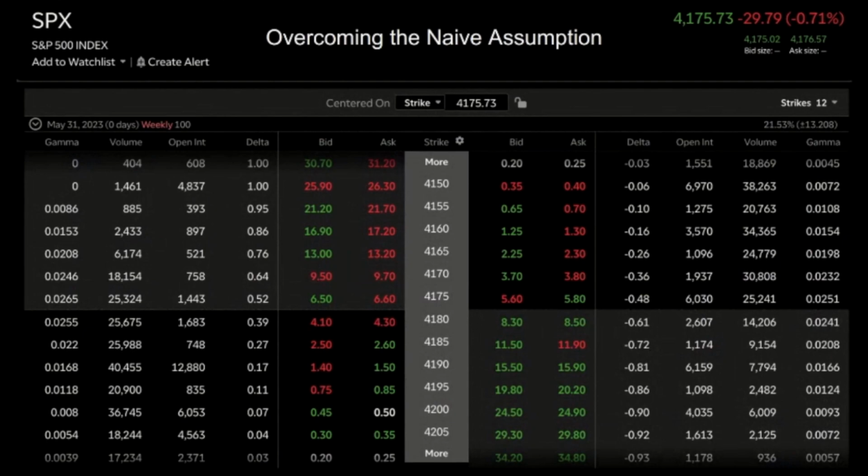But with options, that's not the case, because bid and ask are pretty wide. Most transactions go through near the mid price. And so keeping track of who's buying and who's selling, and essentially how many open contracts there are at each given strike at each given time, is a pretty substantial enterprise.